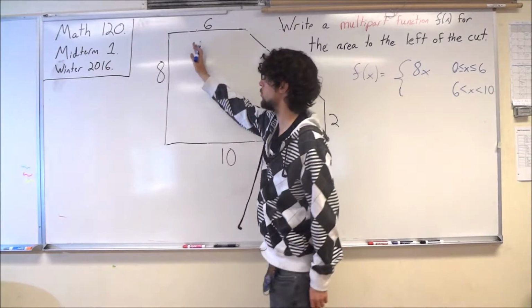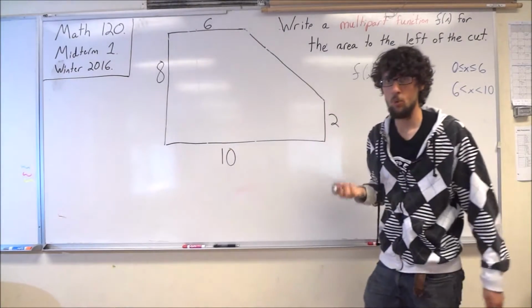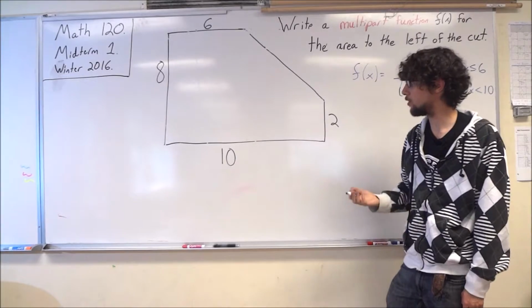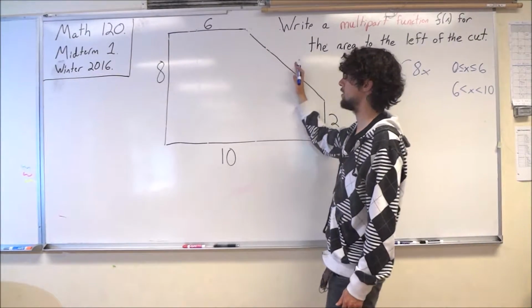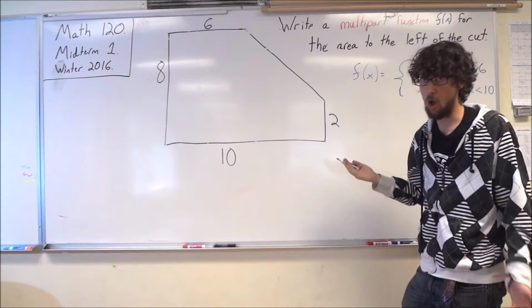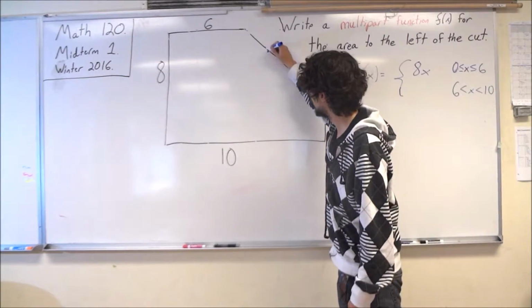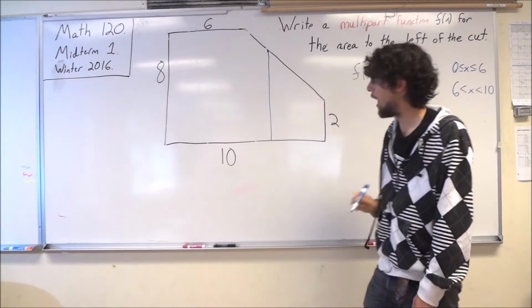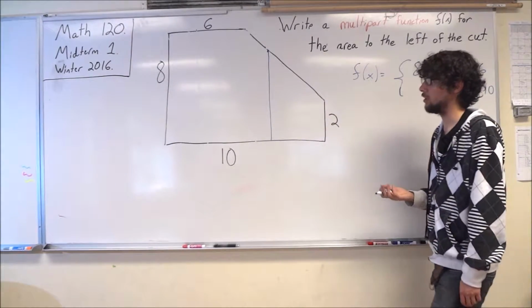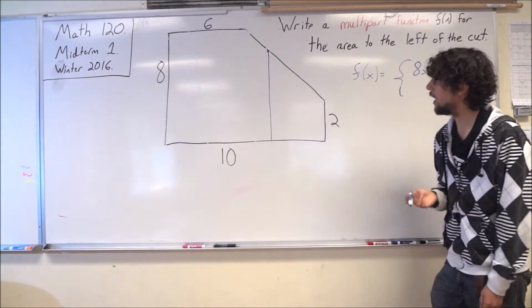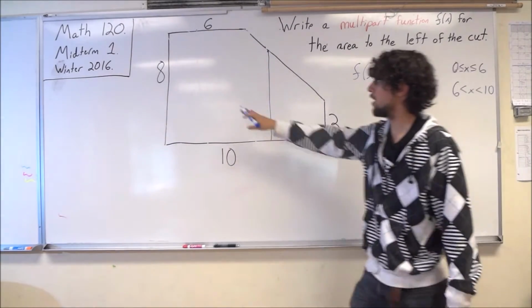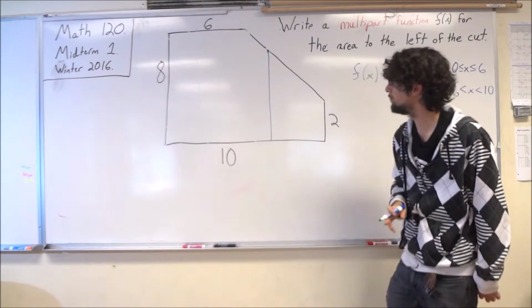We've dealt with the cuts that are somewhere in this range over here. We need to deal with the cuts where x is greater than 6 but smaller than 10, so in other words, these cuts in here. Let's just draw one in, and say that the distance from here to here is x. Let's see how we can express the area to the left here.